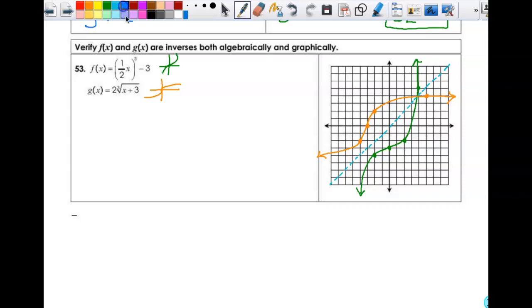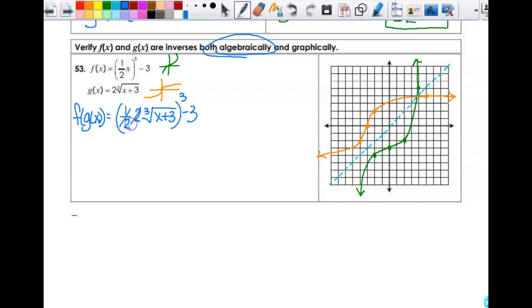Then it also says both algebraically and graphically. So I have to find f of g of x. I'm going to take g of x and substitute it in here. This gives me 1/2 times 2 times the cube root of x plus 3, cubed, minus 3.